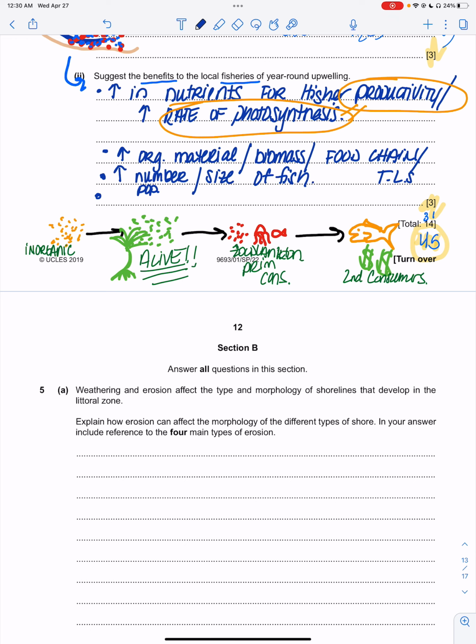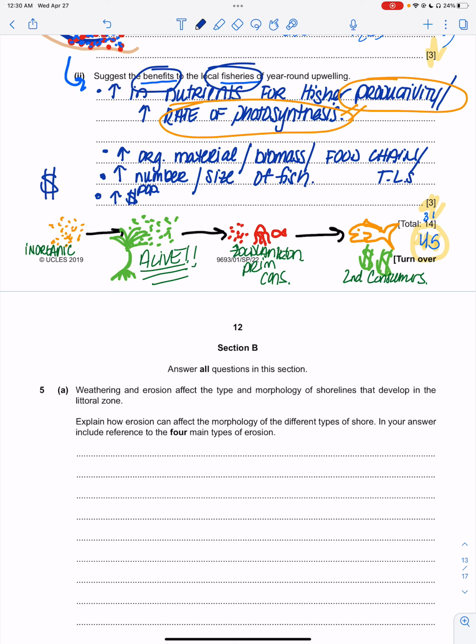And you have to take it to benefiting local fisheries. Fisheries are fishing companies, fishermen, fisher people. Increase money, but don't use that dollar sign on your exam. That's American dollars. Don't use that.